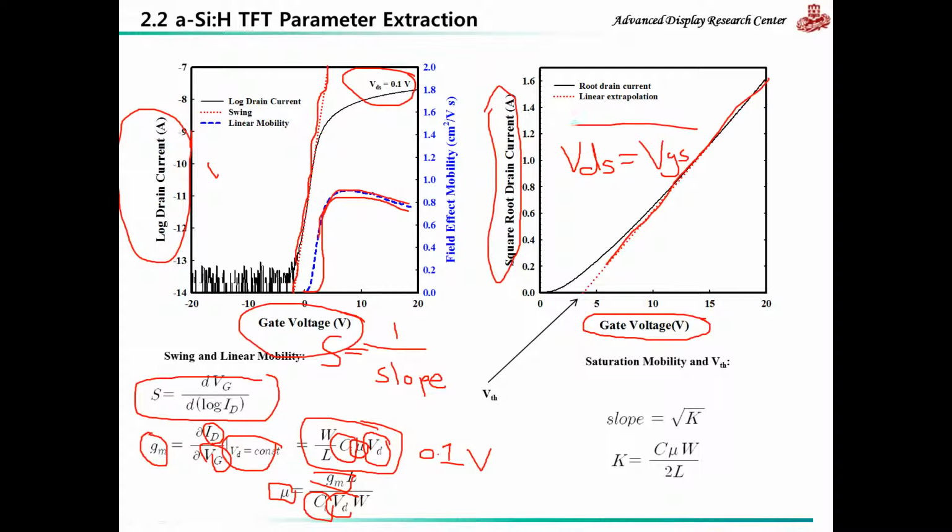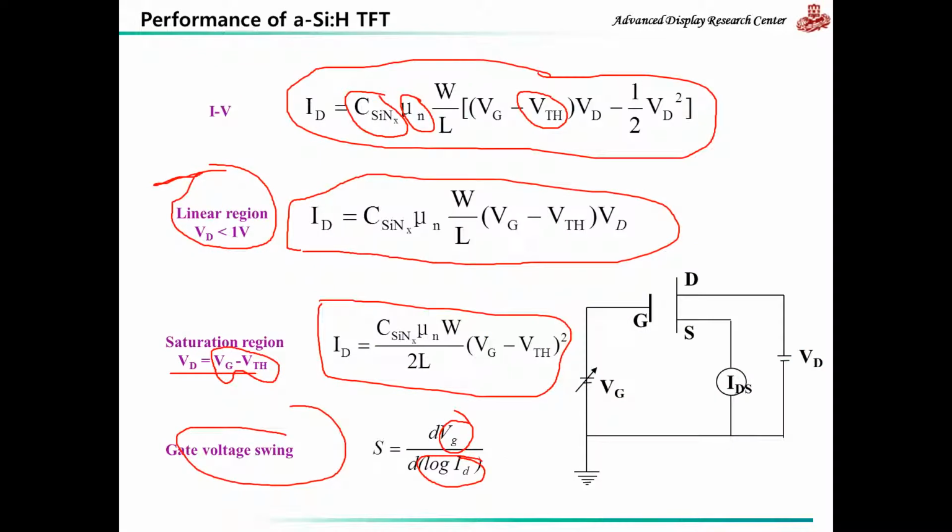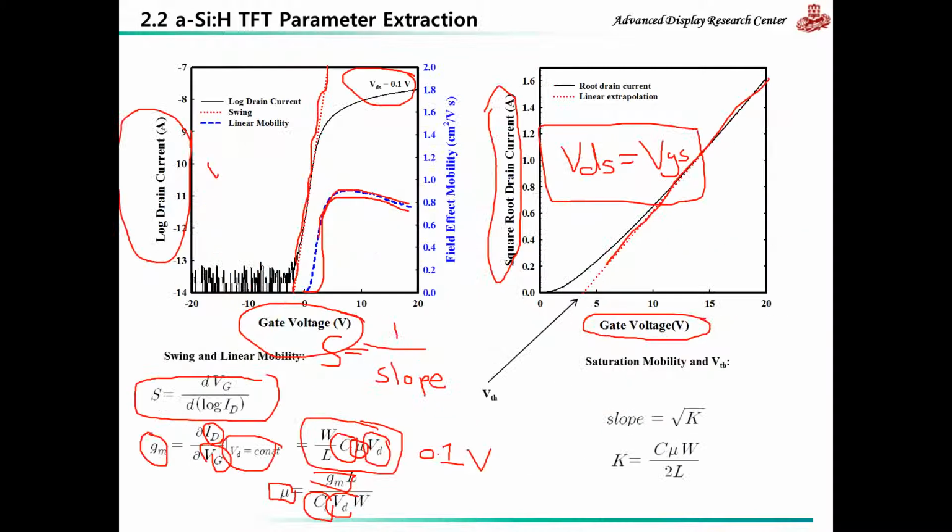Now why do we do this? We do this to ensure that the TFT is operating in the saturation region. Now you have to recall that for the TFT to be in the saturation region, VD should be equal to VG minus VTH. That's why we have to measure these drain currents with VDS, or the drain electrode, tied to the gate electrode.